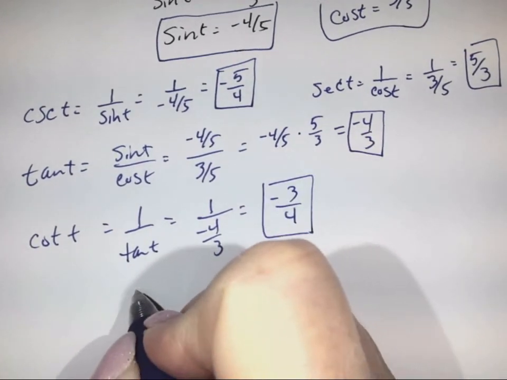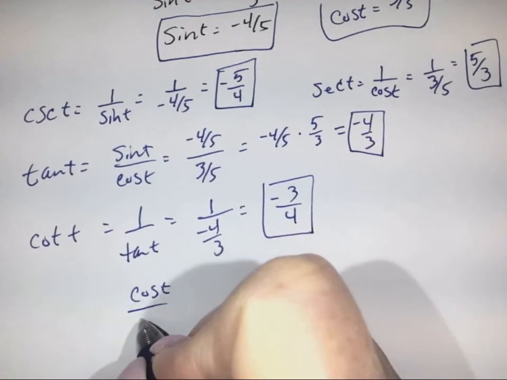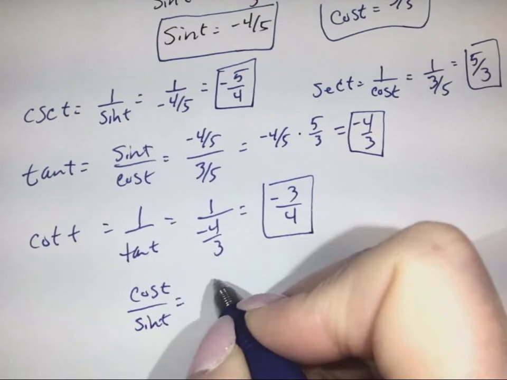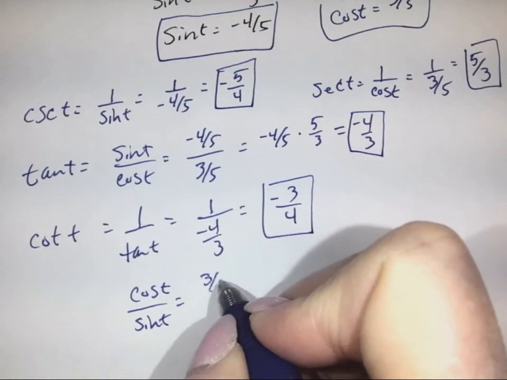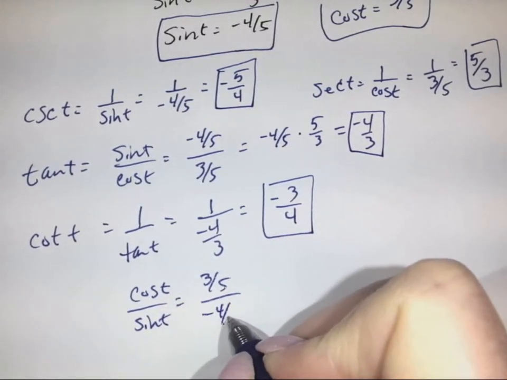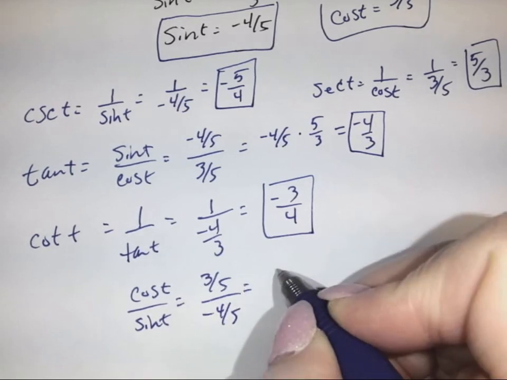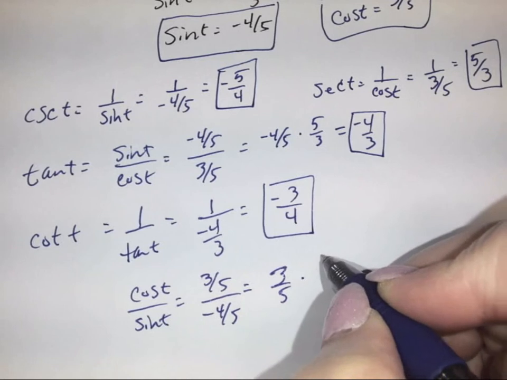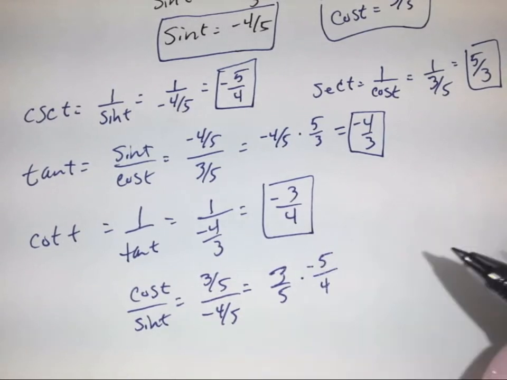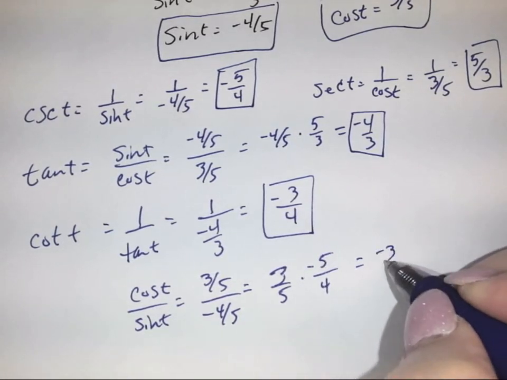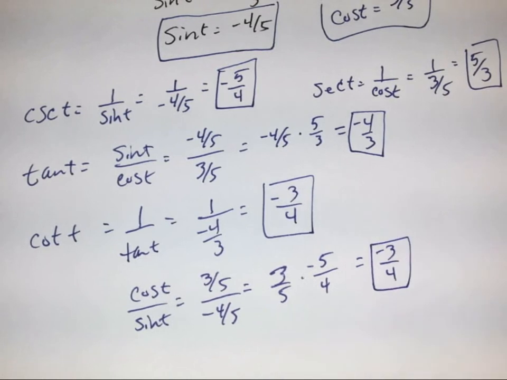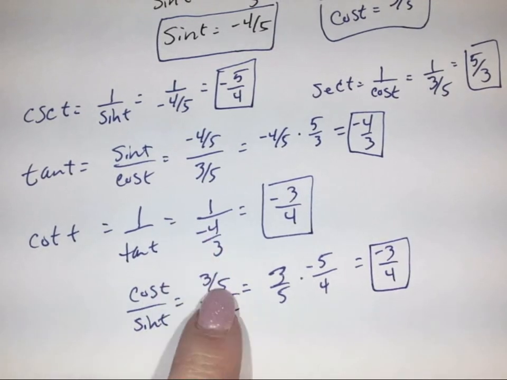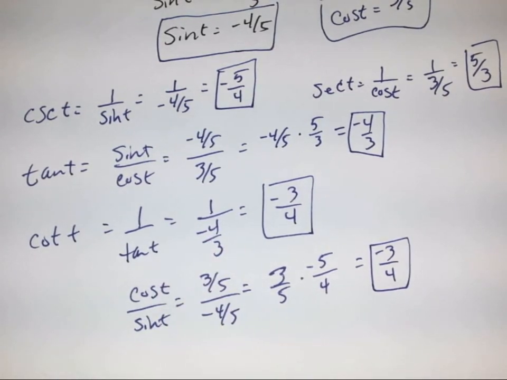Or we could do cosine t over sine t, which would get us 3/5 divided by negative 4/5. So it'll be 3/5 times our 5 over 4, the negative, and we end up with negative 3/4. Either way works. You need to know how to do it both ways depending on what's happening with your problem.